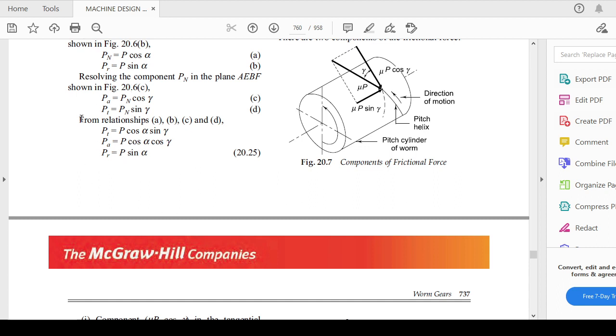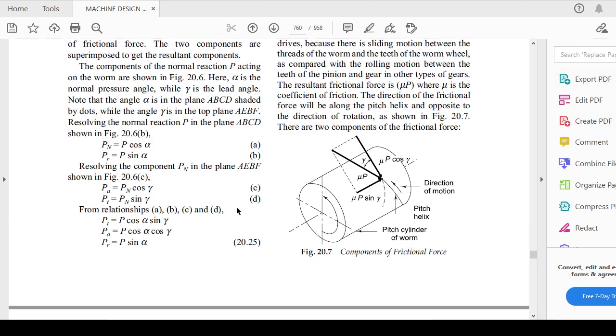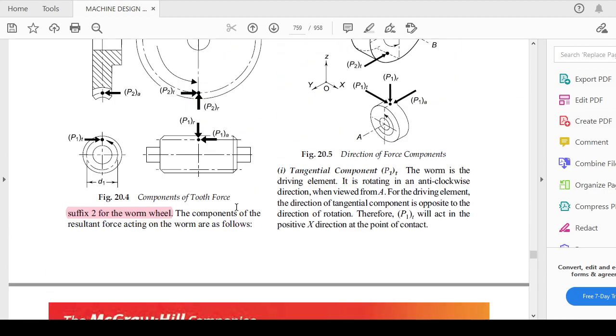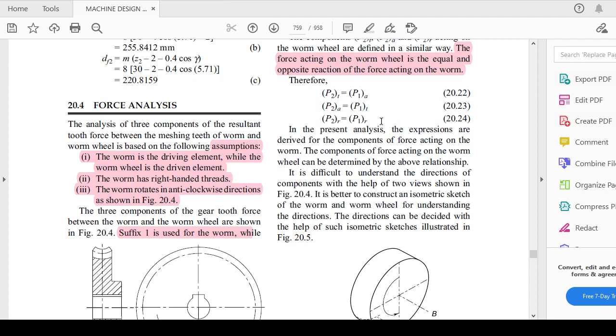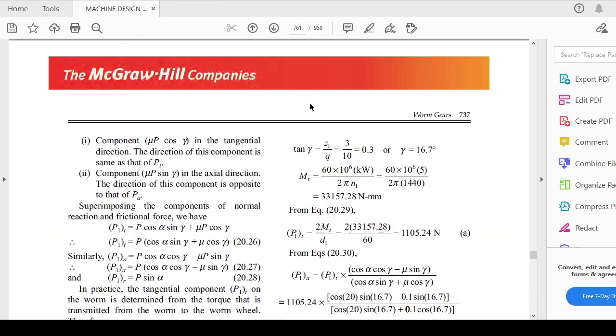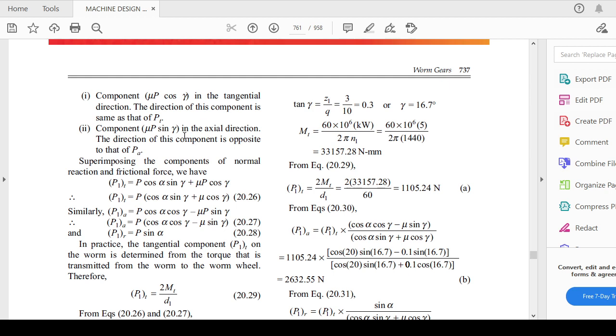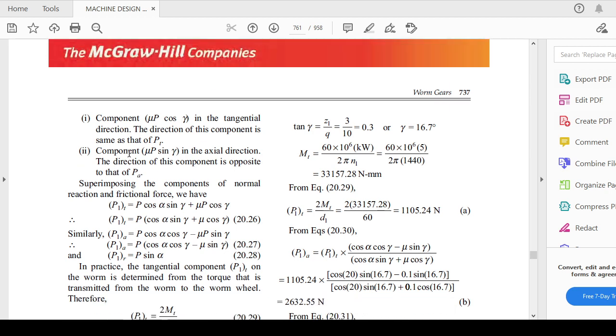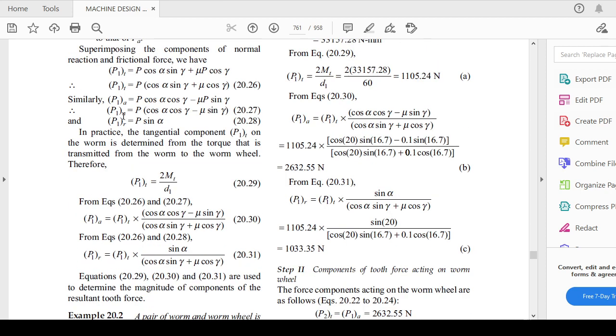These are the relationships for the tangential, axial and radial loads of the worm, and similarly with the help of these relationships you can calculate the tangential, axial and radial loads for the worm wheel.